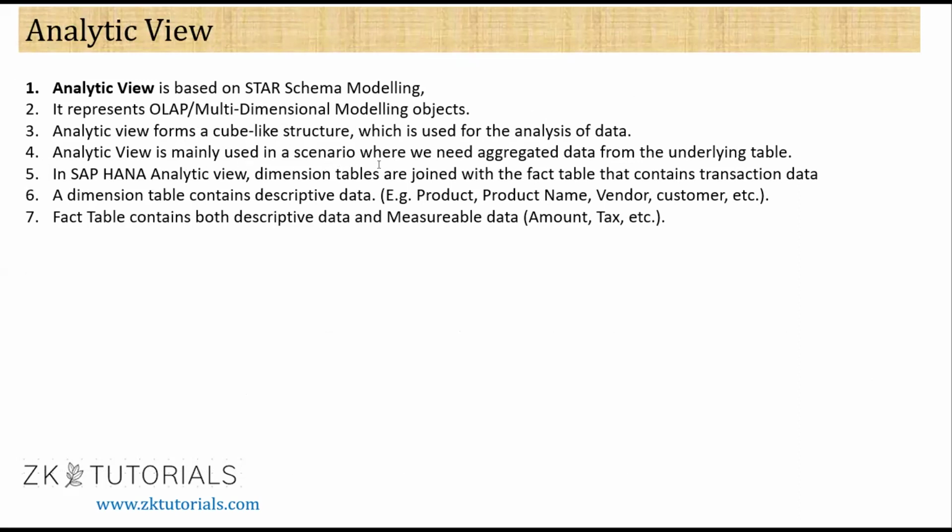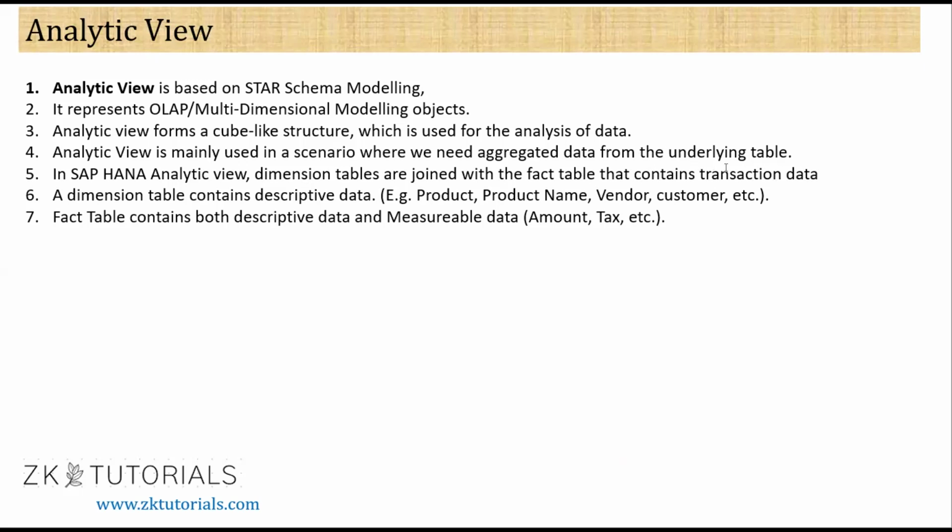An analytical view is mainly used in a scenario where we need aggregated data from the underlying tables. In SAP HANA analytical view, dimension tables are joined with the fact table, which contains our transaction data.